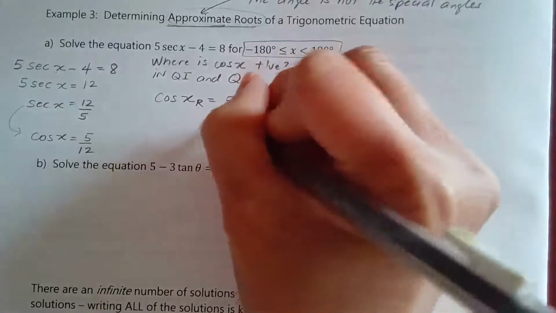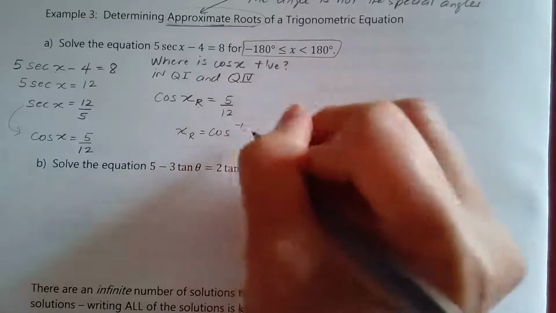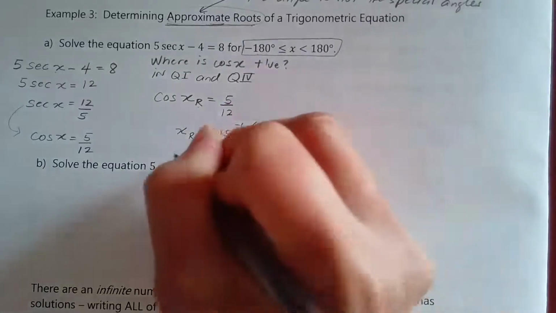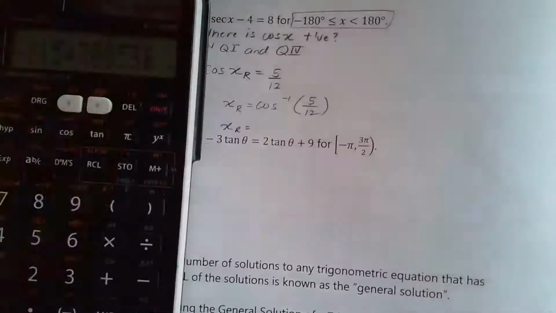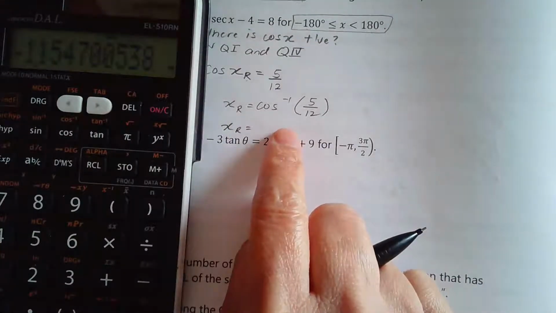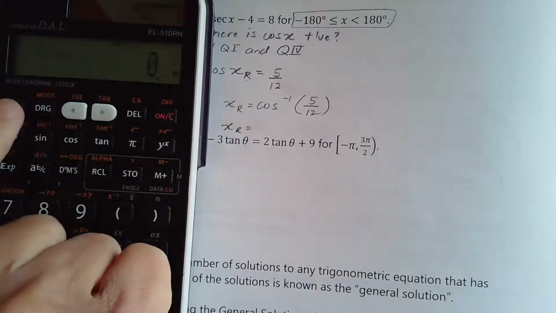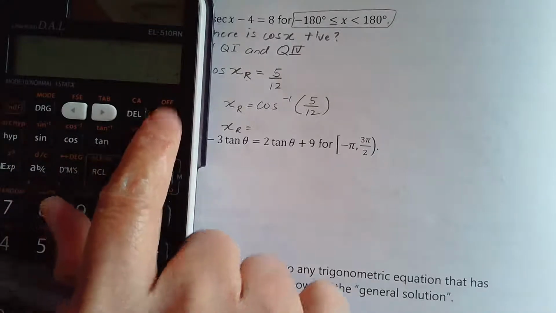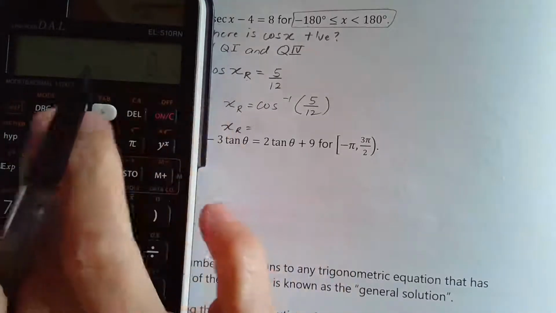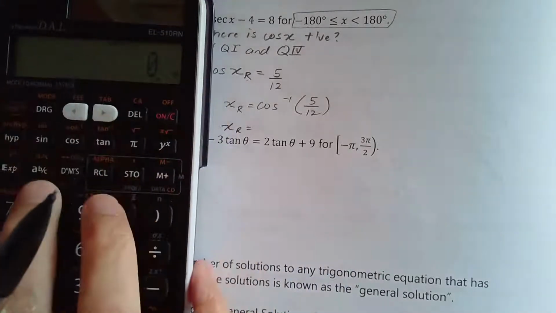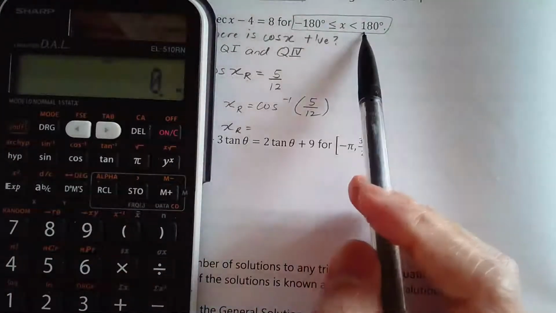So the reference angle equals the cos inverse of 5/12. Remember, this is an approximate root, and it's not one of those special angles, so it's going to be an unusual angle. I have to change my calculator to degrees, and I always have to be aware of that because this is in degrees.